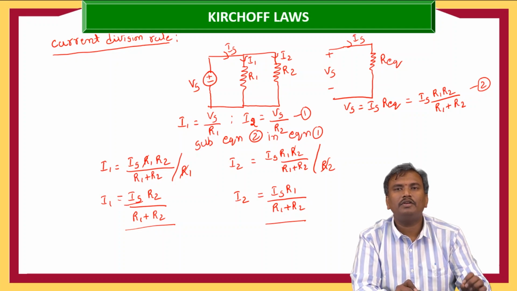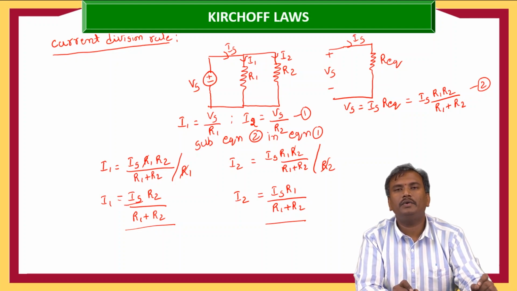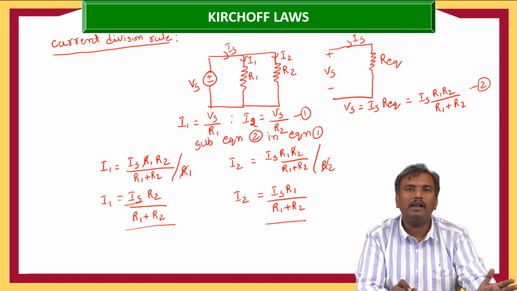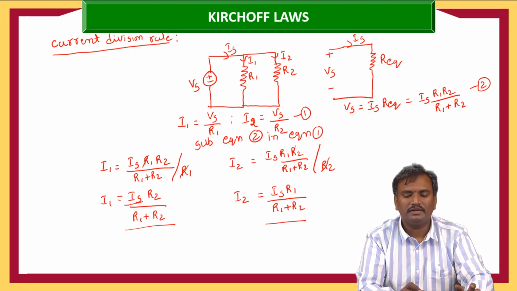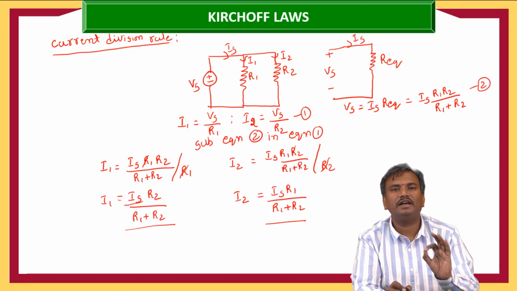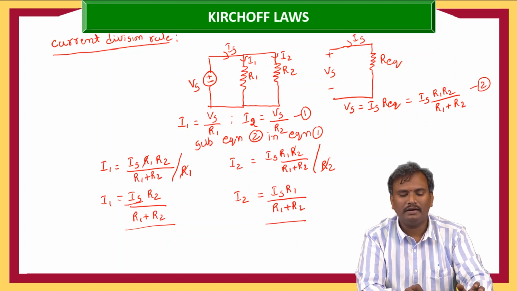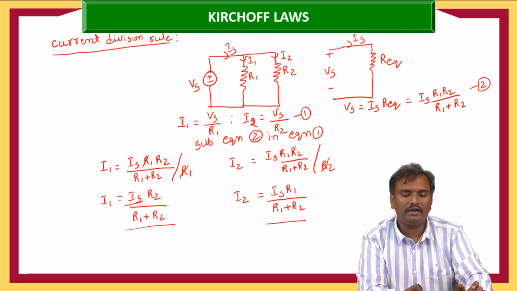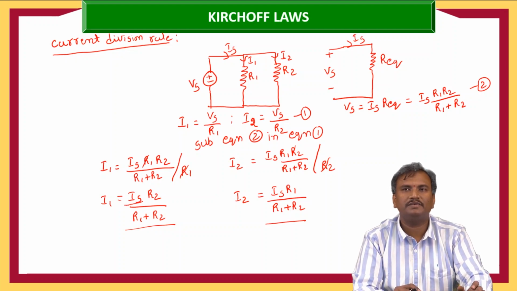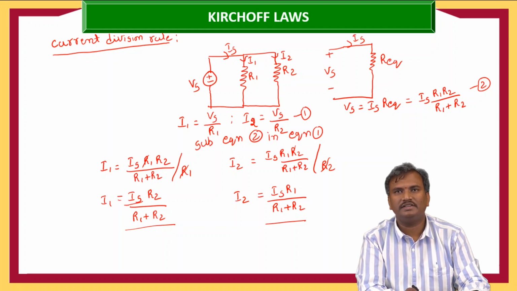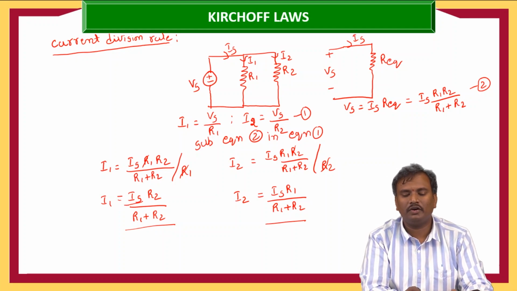This is applicable only when two resistors are connected in parallel, not for n number of resistors. This is the current division rule.